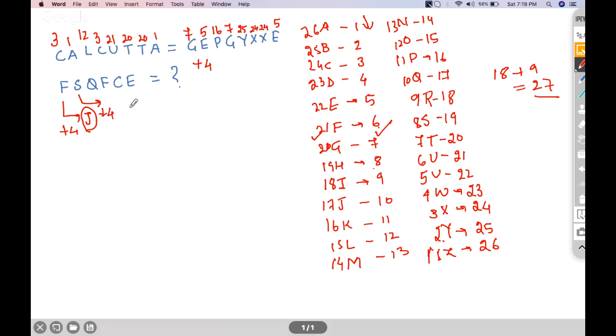This S would be plus 4. So 19 plus 4 is 23. So W. So I get JW.